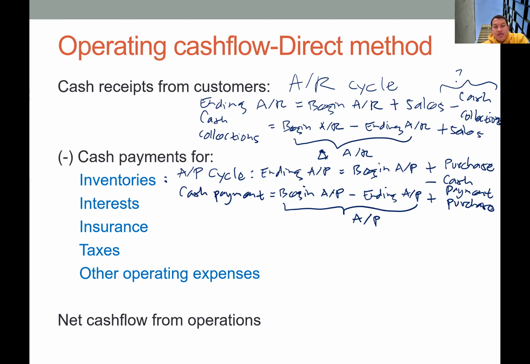Next is cash payment for interest. For cash payment for interest, we simply take the interest expense in the income statement, plus or minus the change in interest payable in the balance sheet.